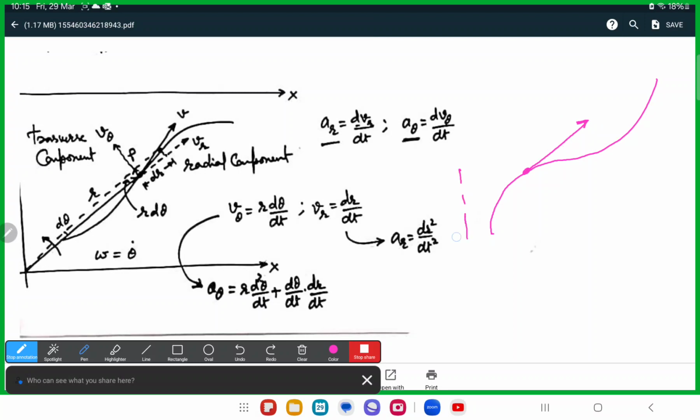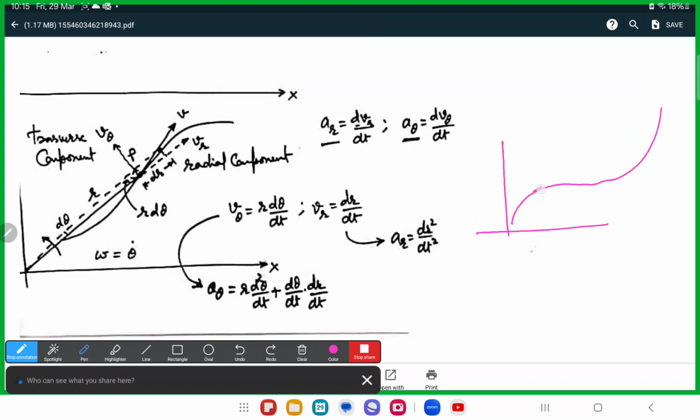If I'm making some coordinates, let's say this is the radial component, and let's say this is the direction of velocity. Next time velocity will go like that.